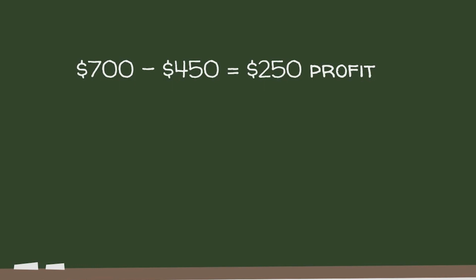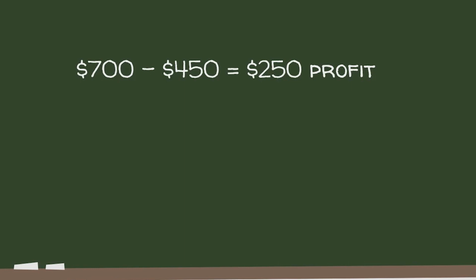So we would calculate this as $700 in sales minus $450 for the campaign costs, and that leaves us with $250. We will take the total of the new sales, $700, and then subtract the cost of the campaign, $450. That gives us $250 in profit, so to speak, from the campaign.